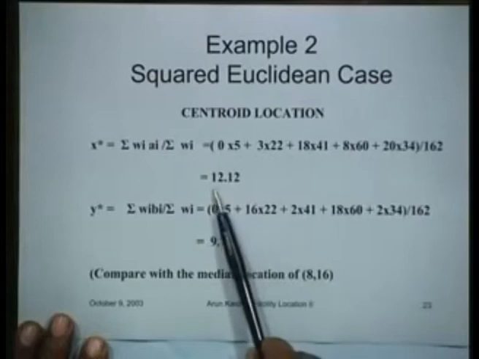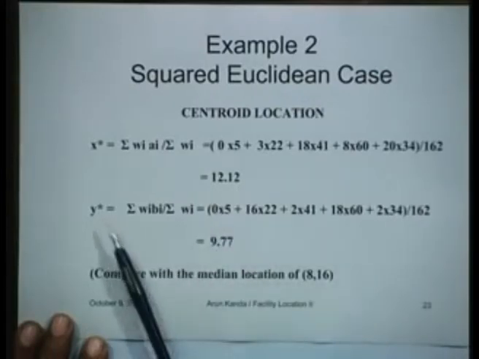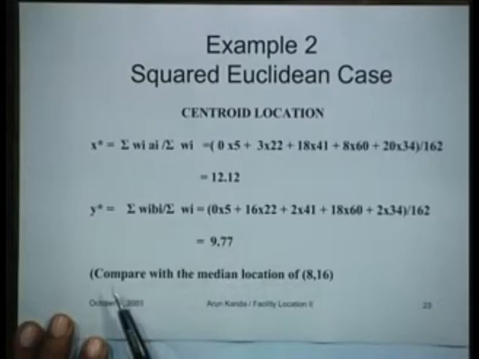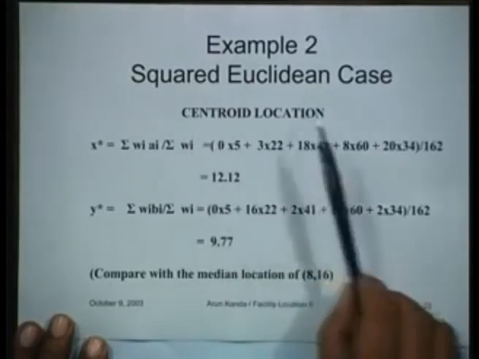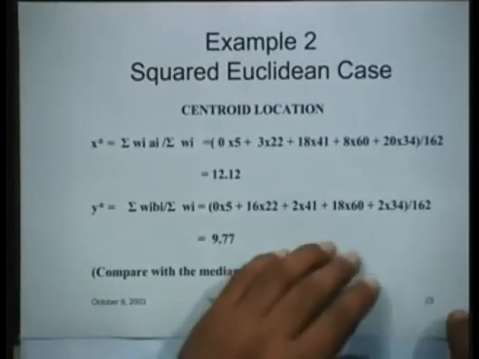The question is, which is the best position for the bonfire such that the total loss of heat energy is minimum for all these people? If that is to happen, the bonfire should be at the centroid of all these points where these people are sitting. That's exactly the satellite location problem. So x star is 12.12 and y star is 9.77, and therefore you can determine the centroid location very simply in this case.